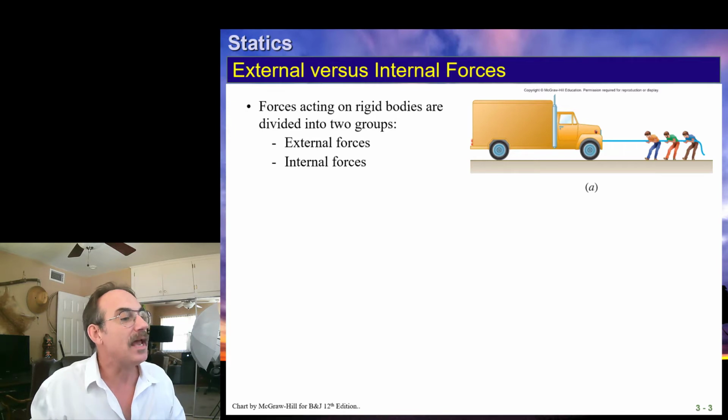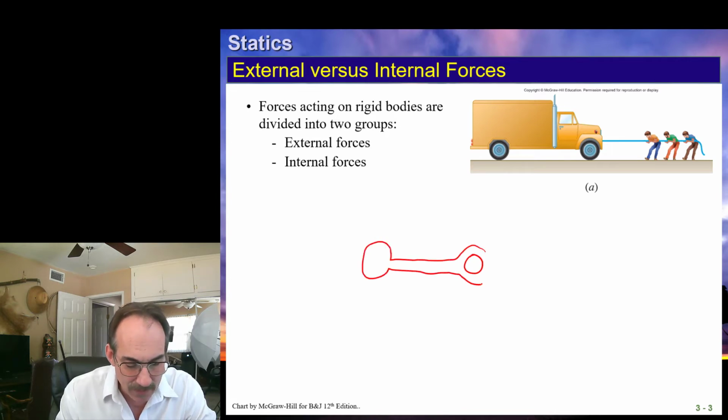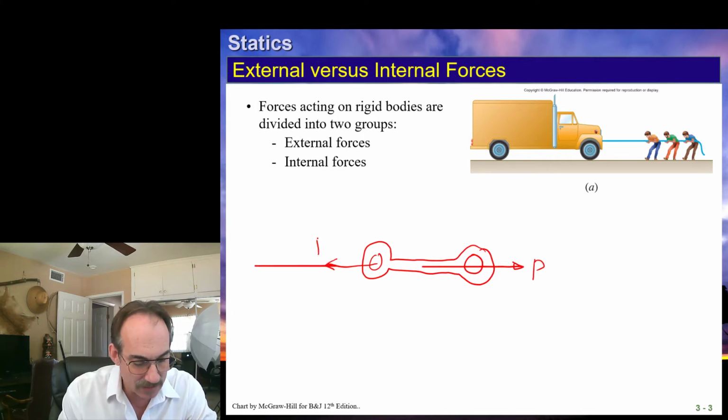If I have a rod, let's just say it's a wrench, a box wrench. And if we apply a force this way, force P, that's an external force, and it's reacted by a reaction back here, let's call that R. R equals P in this case.